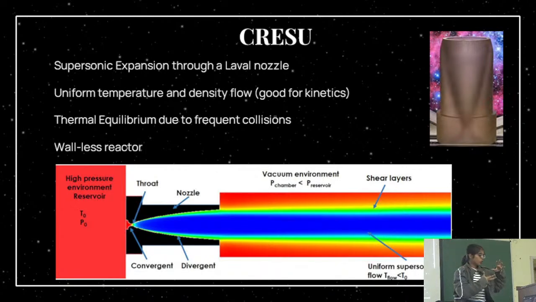The gas is stored in a reservoir, on the left in red, at high pressure and room temperature. The chamber itself is pumped using industrial scale pumps that drop the pressure really low. Then the gas expands from the reservoir to the throat, where it reaches supersonic speed.